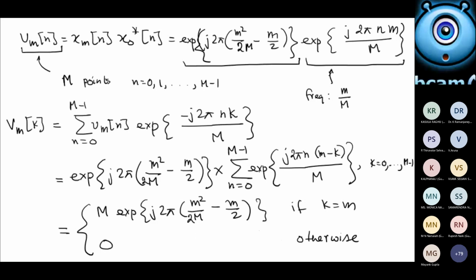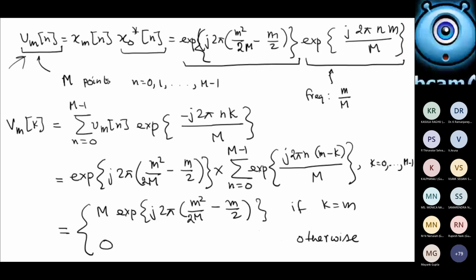So this is telling us that if we take the sequence Vmn, which is the product of the mth chirp, the mth symbol, and the complex conjugate of the basic chirp, and then take its M point DFT, the result will have a non-zero value at only one value of k, and everything else will be 0.